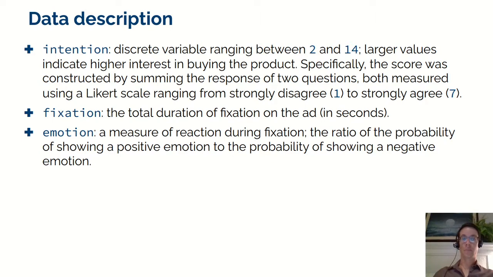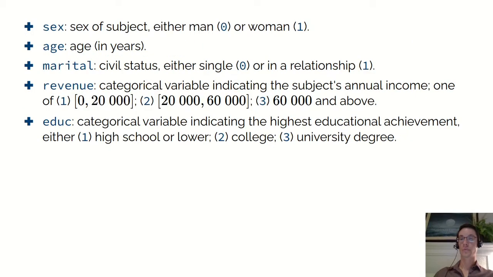So an emotion score that's less than 1 means negative feedback, and the higher it is, the higher the probability of positive emotion. And if it's 1, the person is actually neutral.